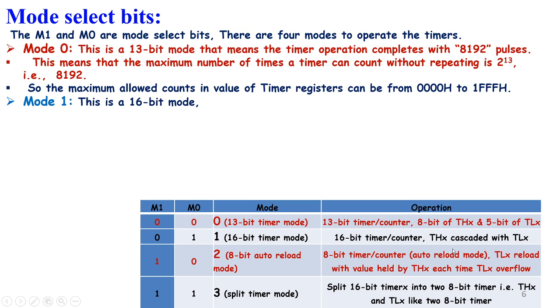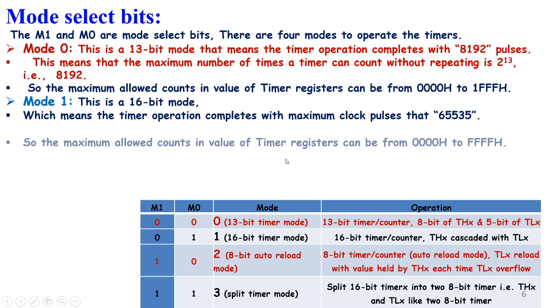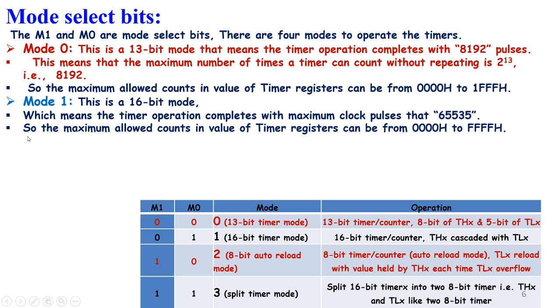In 16-bit, the timer operation completes a maximum of 65,535 clock pulses including 0. So the maximum allowed count value in the timer register will be 0000H to FFFFH, that is 65,536.